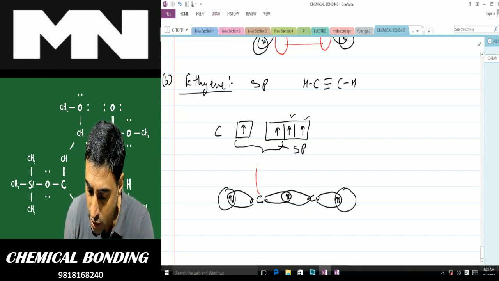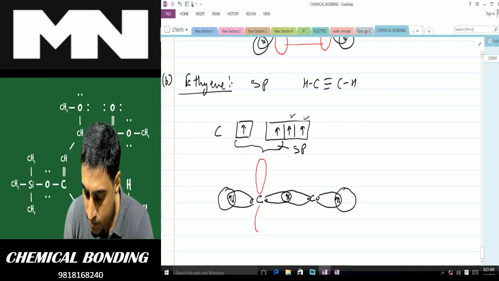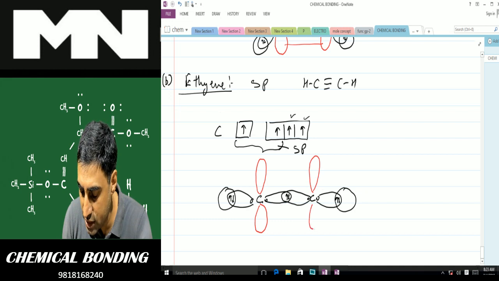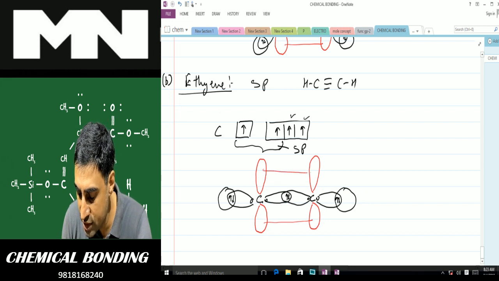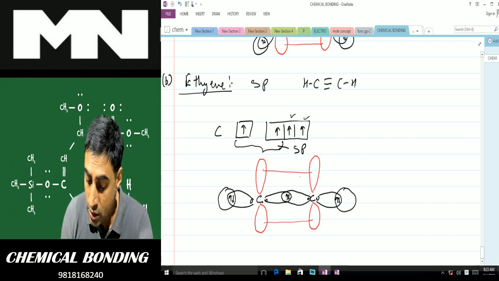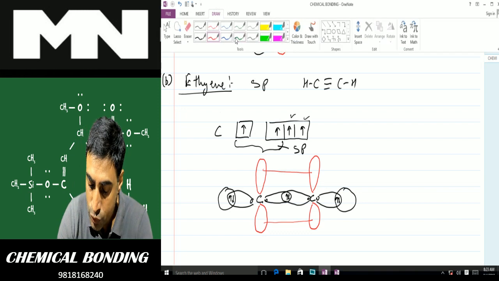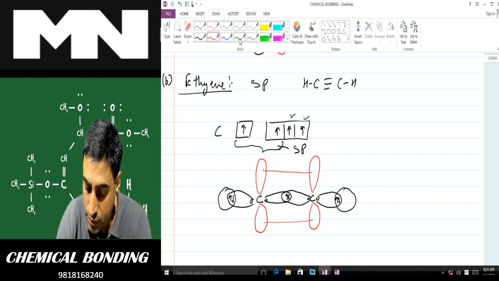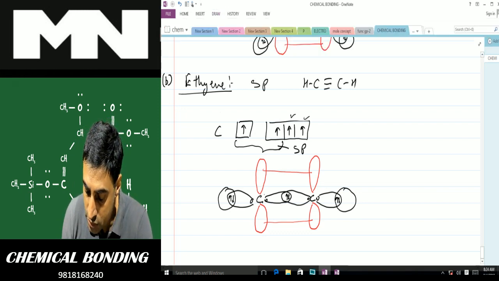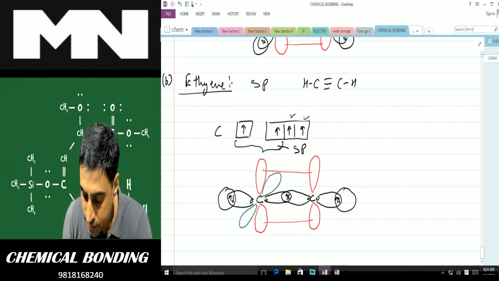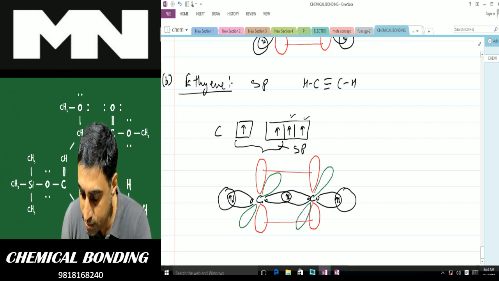Suppose this is one of the p orbitals of one carbon atom and this is the second p of another carbon atom. They will overlap sideways to form a pi bond. What about the second one? You have another p also. Now suppose this is the second p of one of the carbon atoms and this is the second p of the other carbon atom.